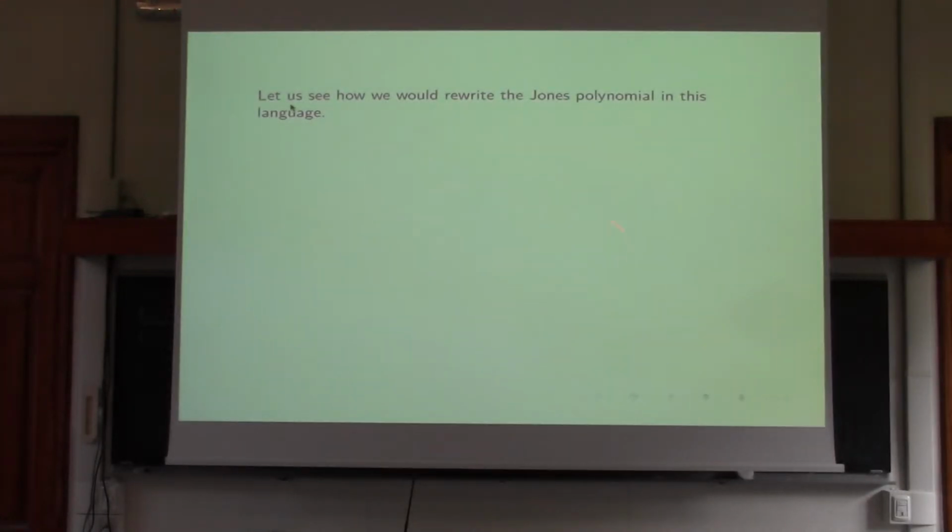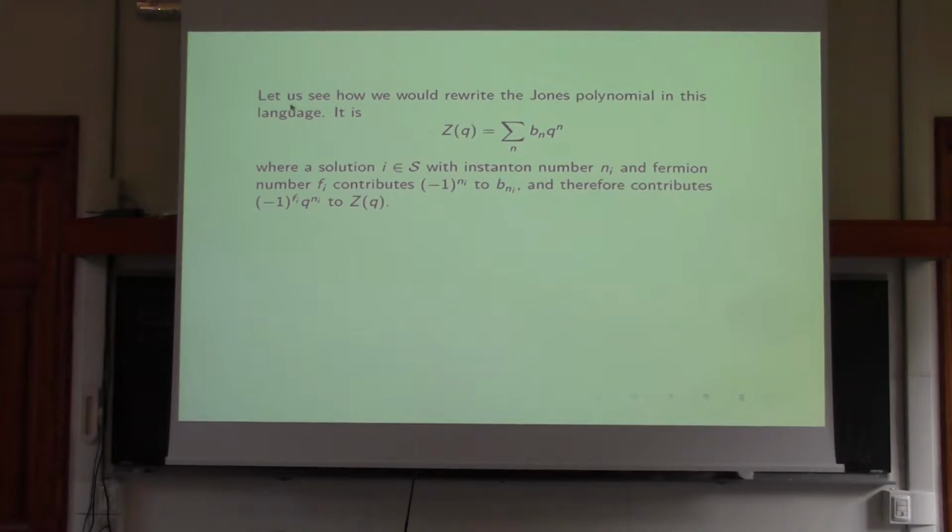Let's see how we would rewrite the Jones polynomial in this language, gaining nothing, at least initially. So the Jones polynomial was this, where a solution with instanton number n_i and fermion number f_i contributes (-1)^{f_i} q^{n_i}, and therefore its contribution to the Jones polynomial is this.